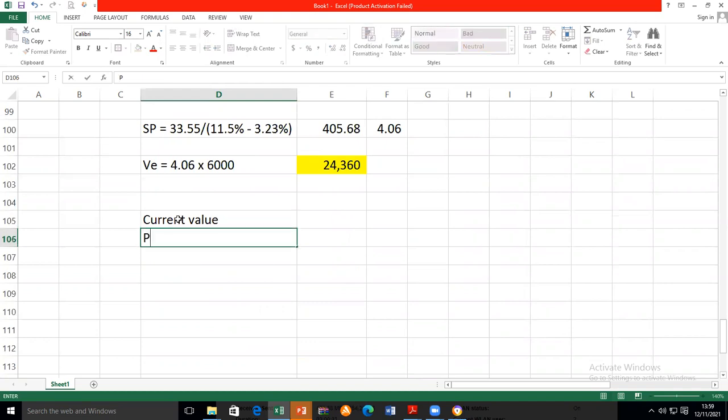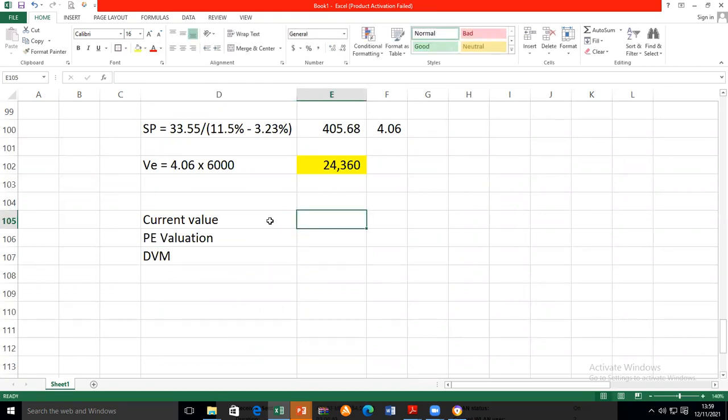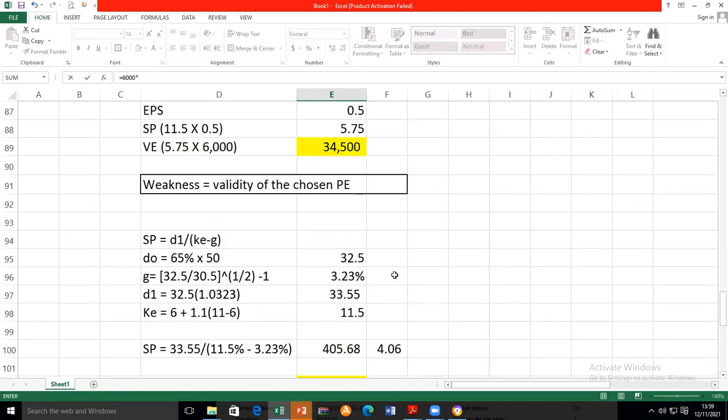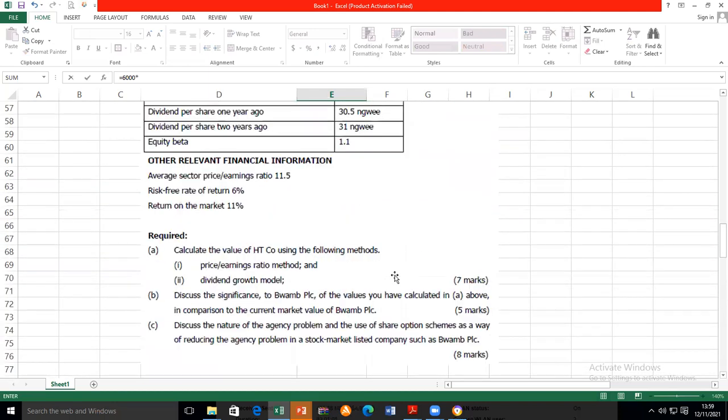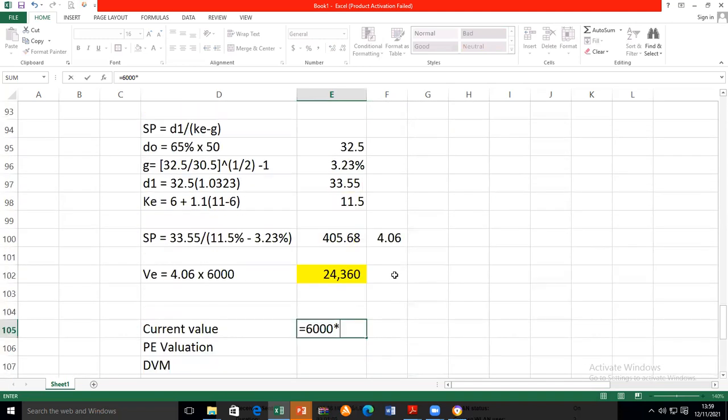Then you got the PE valuation. You got the dividend valuation model. So the current valuation is 6 multiplied by the share price, which is 4.5.